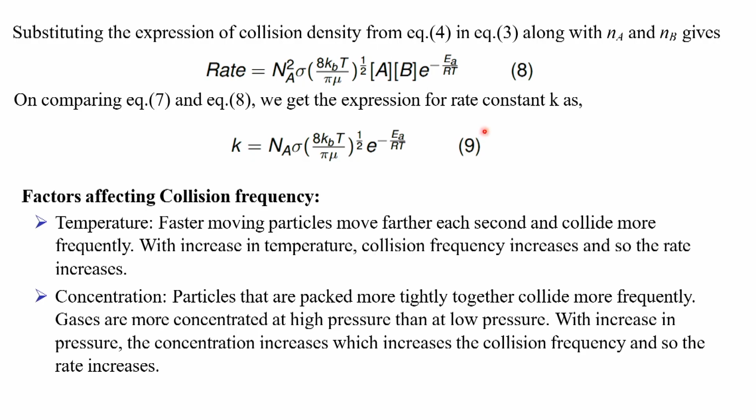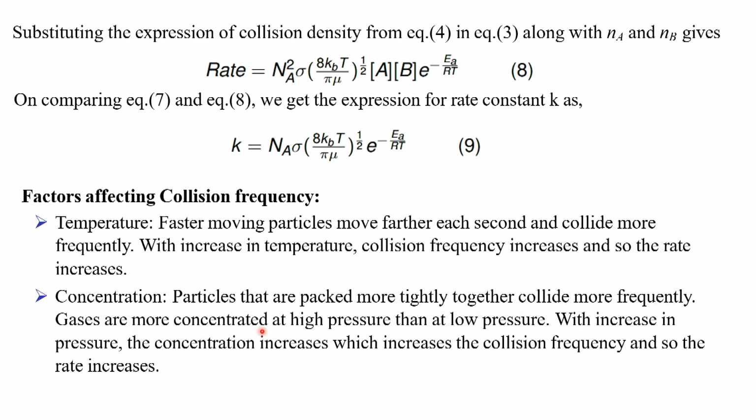This is equation 9. Now what are the factors affecting collision frequency? Temperature: faster moving particles move further each second and collide more frequently. With increase in temperature, collision frequency increases, and so the rate increases. Concentration: particles that are packed more tightly together collide more frequently.